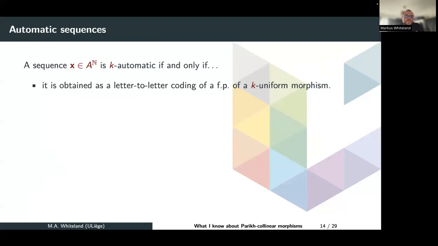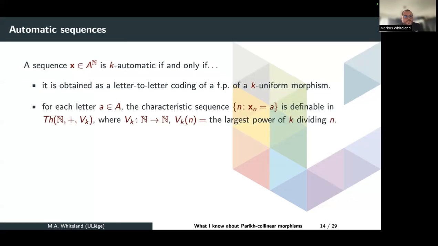And here, just as a reminder, what are automatic sequences? A sequence is k-automatic if and only if you can obtain it as a letter-to-letter coding of a fixed point of a k-uniform morphism. So k here is just a parameter.